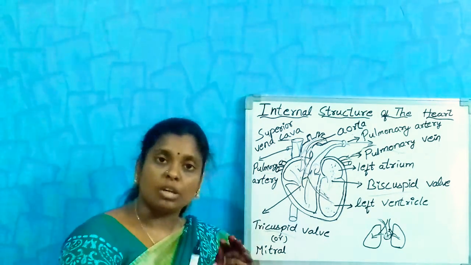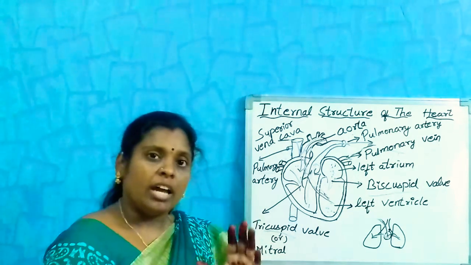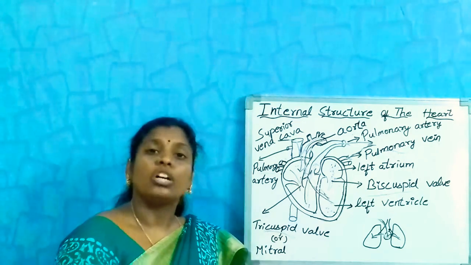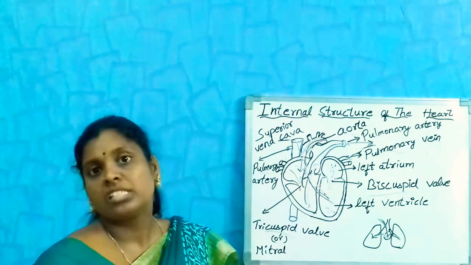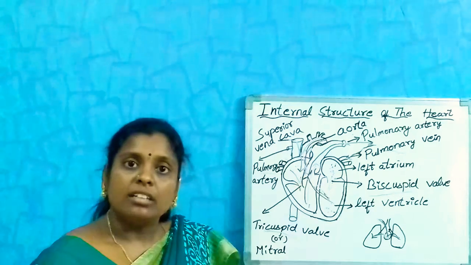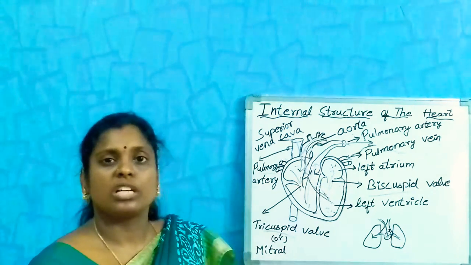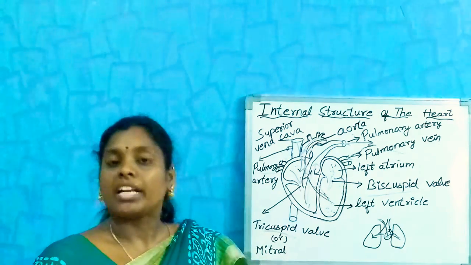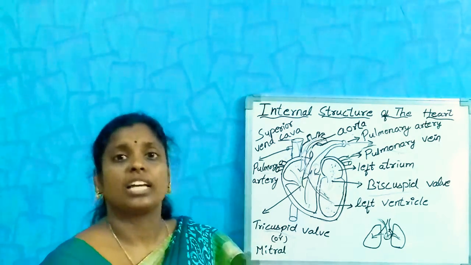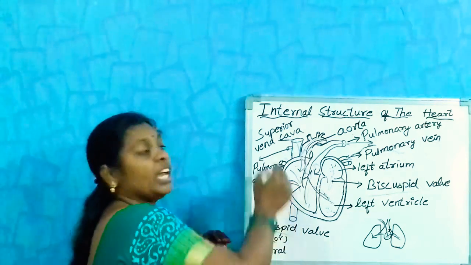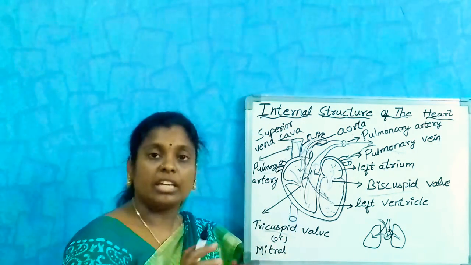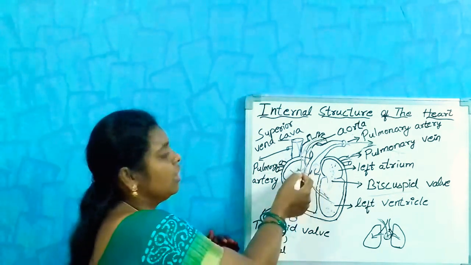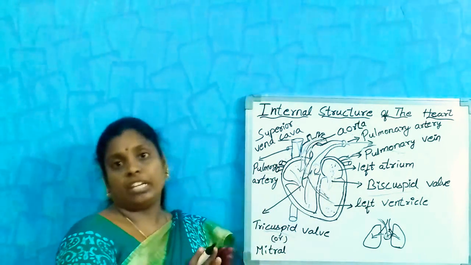The oxygenated blood is supplied throughout the body, and each and every cell receives oxygen along with the food materials. The cell absorbs the nutrients and oxygen and gives carbon dioxide back into the blood. From the cells, the superior and inferior vena cava bring the deoxygenated blood back to the right atrium.